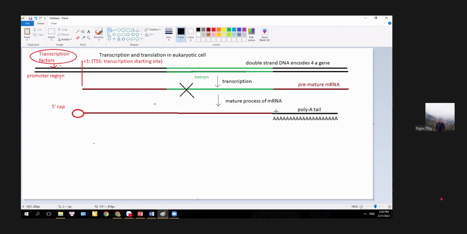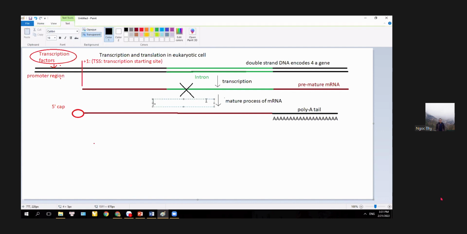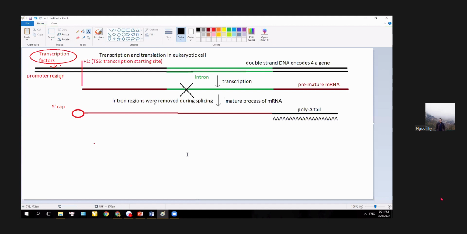Right. So this is the poly A tail, and the intron was removed. During the splicing process, different exons will be removed too, but we will talk about it later.